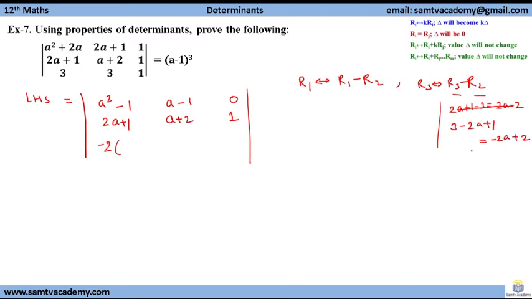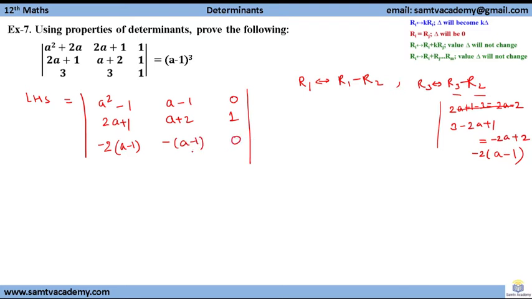If you take common minus 2, you will get a minus 1 here. Similarly, 3 minus a minus 2, you can take common minus, and a minus 1, and the last element will be 0.